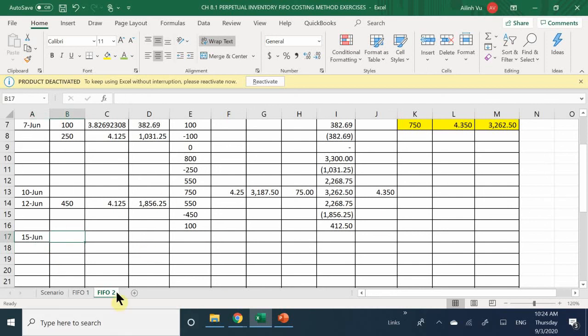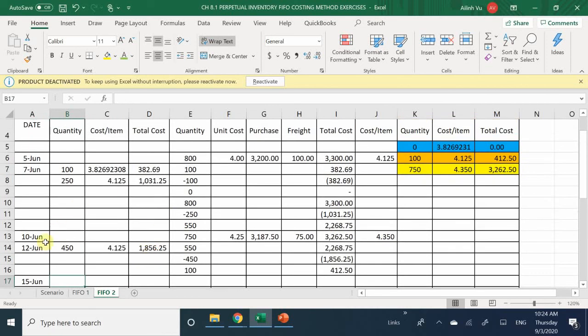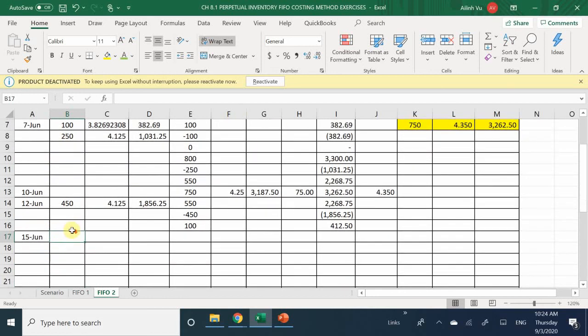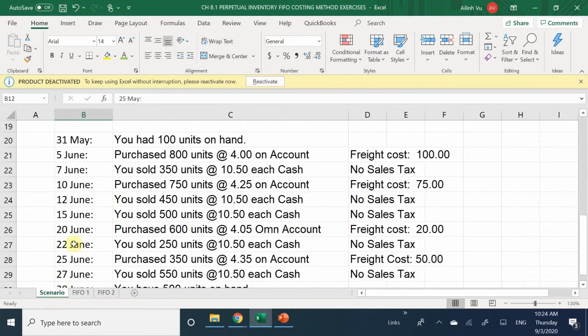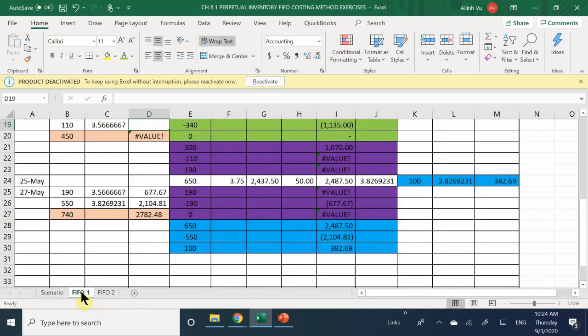Tennyson is correct there, because can we take 500 items out of our first batch of 100? No, we don't have enough. So we need to dip into our second batch. We have 100 and our goal is to get to 500, so we need to take out 400. We sold 500.